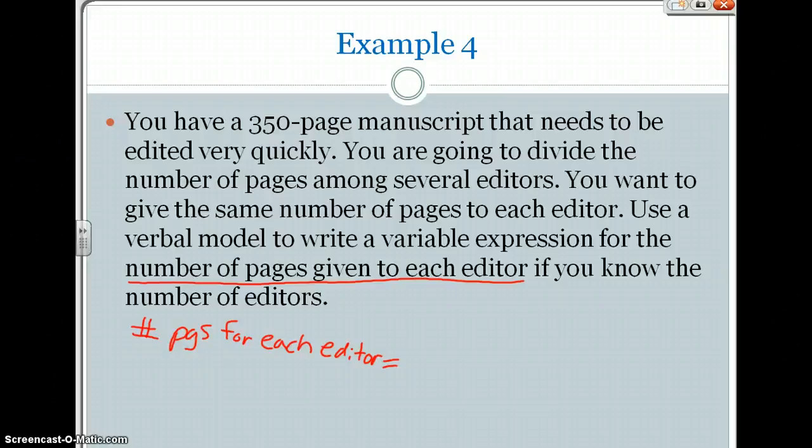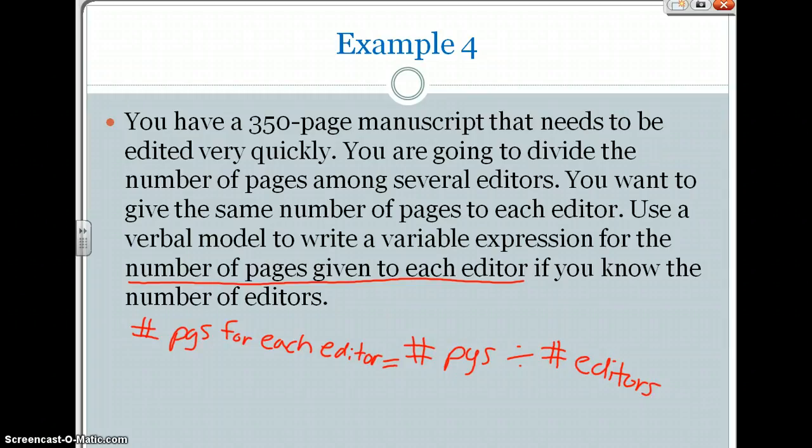Okay, if we wanted to divide the work evenly between everybody, it would be the number of pages divided by the number of editors. Okay, that's what the verbal model is going to look like.